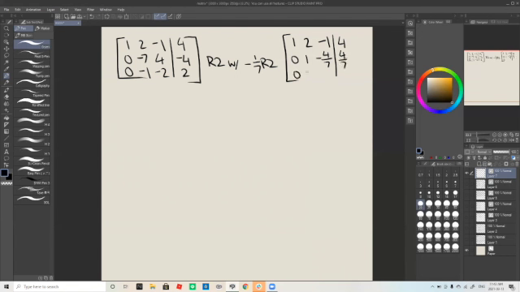So the bottom row doesn't change yet. So now our matrix looks like this. So all of you should write this down.